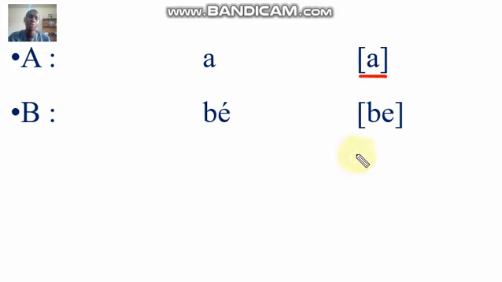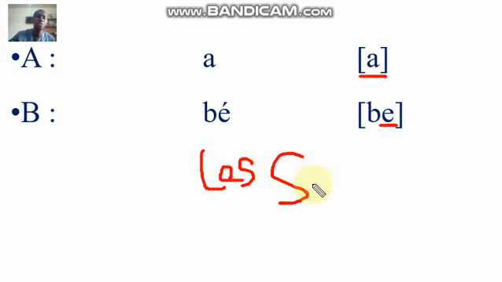And then for the accent marks, once again, if you have watched the last video I mentioned, Les signes d'orthographe, this is what I meant. This is the video. Les signes d'orthographe.